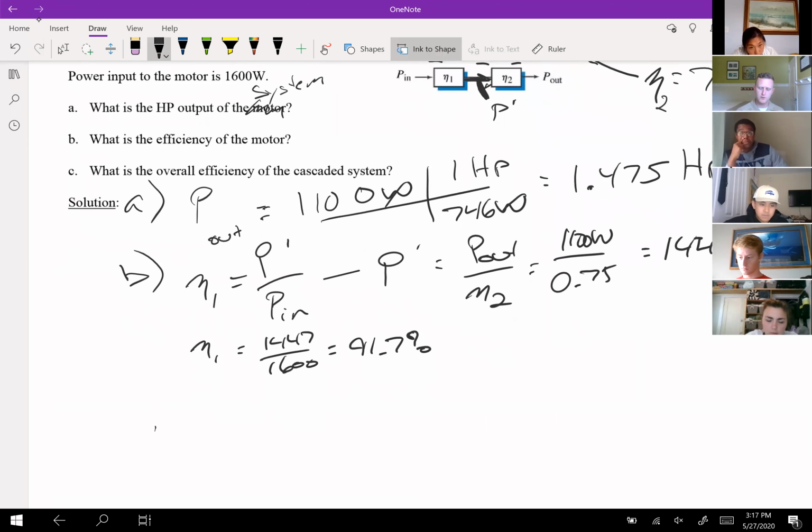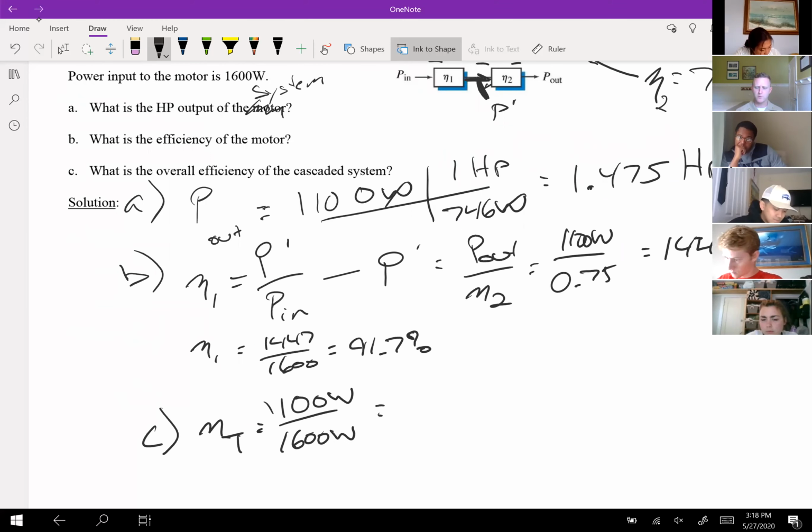So now there's two ways that you could get the eta total, right? You could take the total system and say that the total system has 1100 watts coming out and 1600 watts coming in, P out over P in, and we would get 68.8%. The other way you could do it is you could multiply those efficiencies, eta 1 times eta 2.